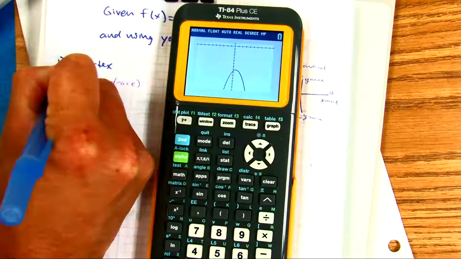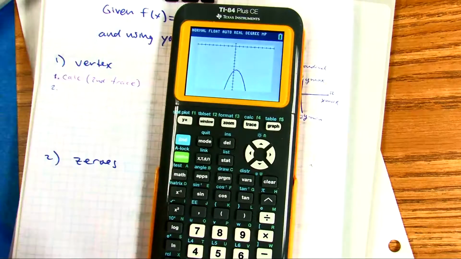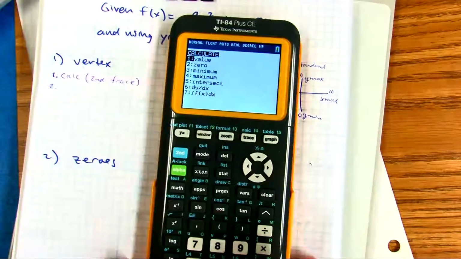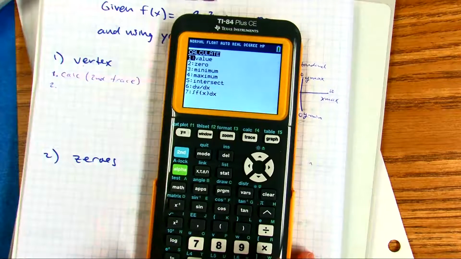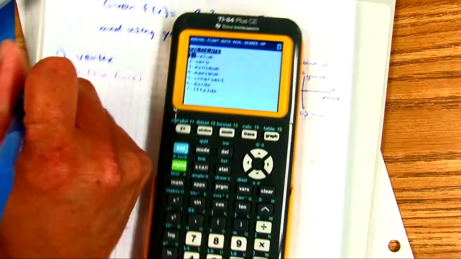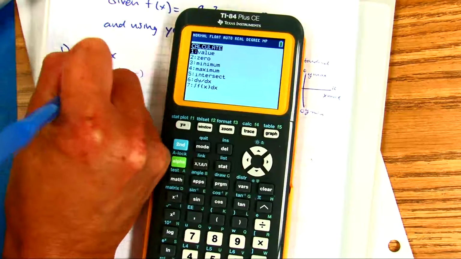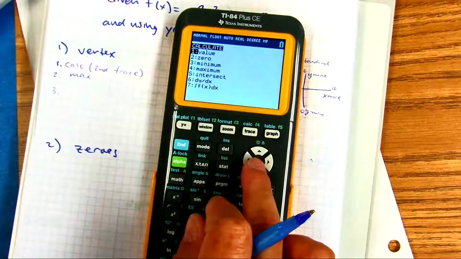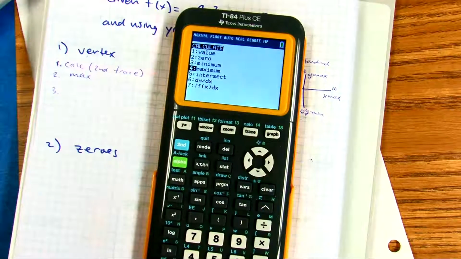Okay. Now what? Is that a minimum or a maximum? Maximum. So in our problem, it is a maximum. So let's press maximum. You can either scroll down or press the number 4. Okay, what does it tell us? What does left bound mean?